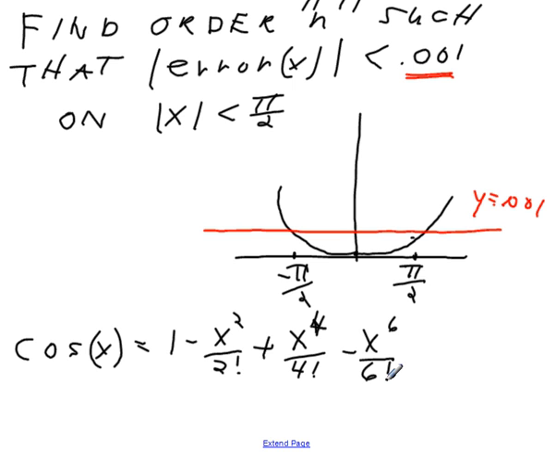How many terms am I going to need? Am I going to need the 6th? Do I need to go yet another one? Do I need to go to the 8th term? How many do I need? Dot, dot, dot. Where am I going to stop? Where am I going to truncate this?